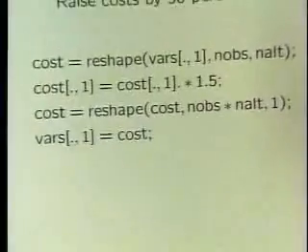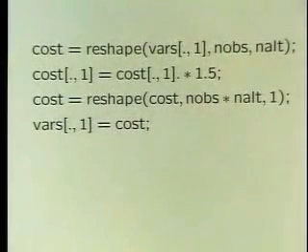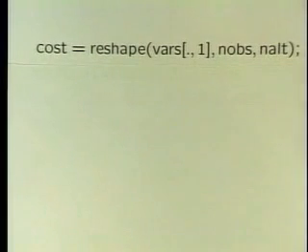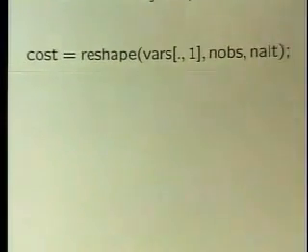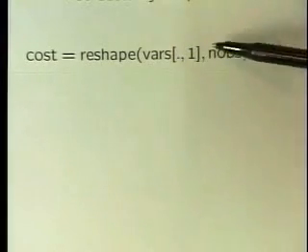So the first task was to go into the code and change it so that it could represent a 50% increase in the cost of the first alternative. Here is how you do this in the code. I will go through it line by line. As you recall, vars is the matrix that contains the explanatory variables, and the first one is the cost variable.